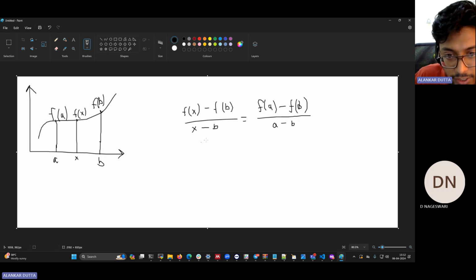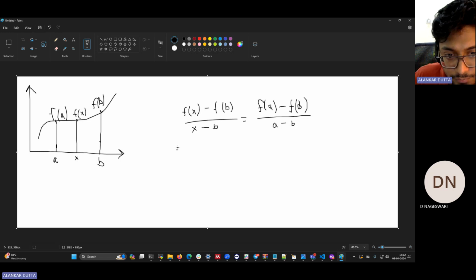And now you can just rearrange these terms together, right? Since you want to find out f(x), what's the value of f given that value of x, let's make f(x) the subject of the formula.